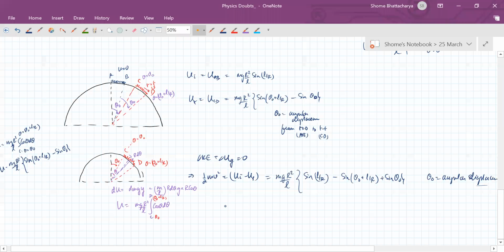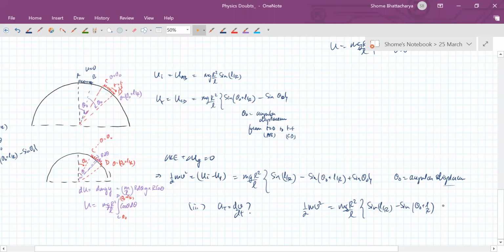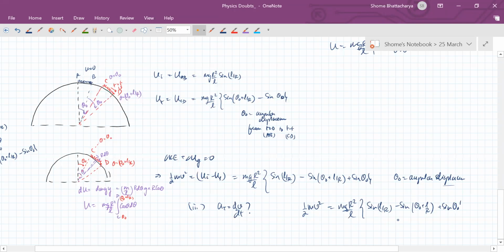So now next part, the last part, we want to find out the tangential acceleration, that is dv by dt, when the chain starts sliding. So what you can do is you can take this equation, half mv square is equal to mg r square by L into sine L by R minus sine theta naught plus L by R plus sine theta naught.